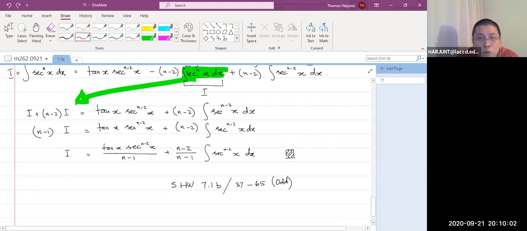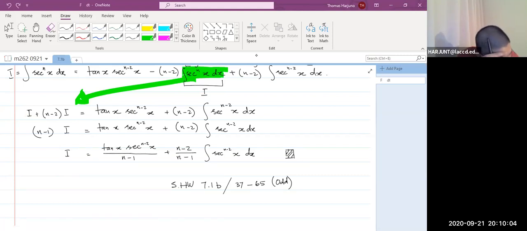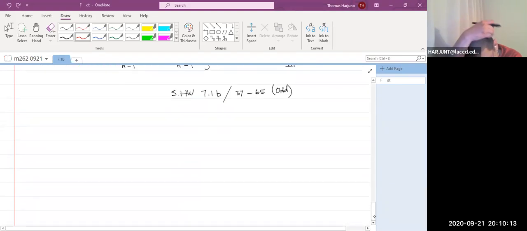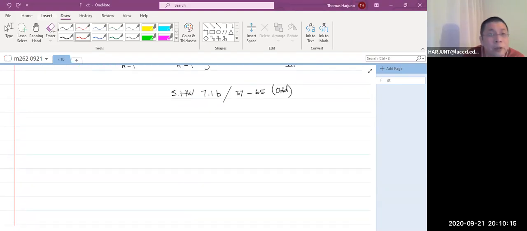Actually, I would like to do one more problem, something that, as I remember, is quite useful in future in your differential equation, number 50.